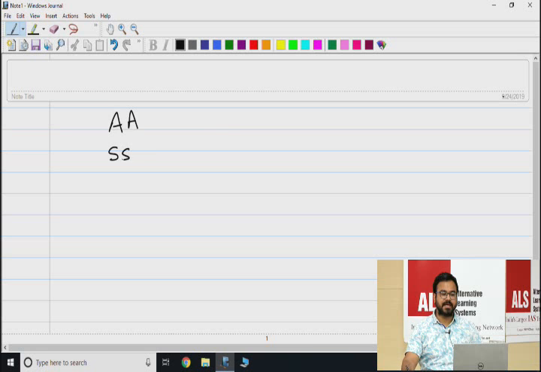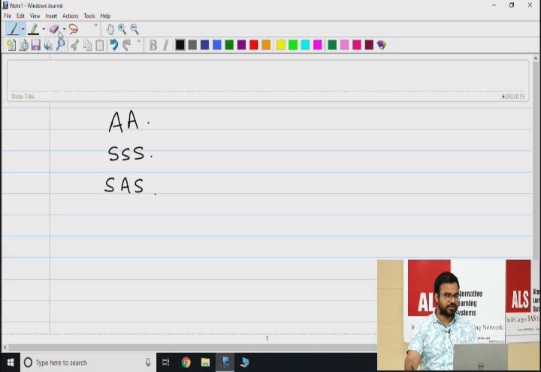We have also done side similarity, and the third one is side angle side similarity. In the last class, based on these three similarities, we did some questions. So today we will practice some questions on these similarities, then we will move on to the next part of similarity related to the area of the triangle, how the areas of similar triangles are related to each other.